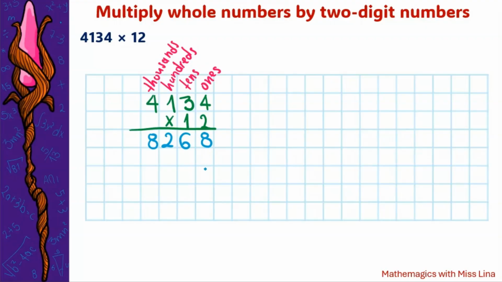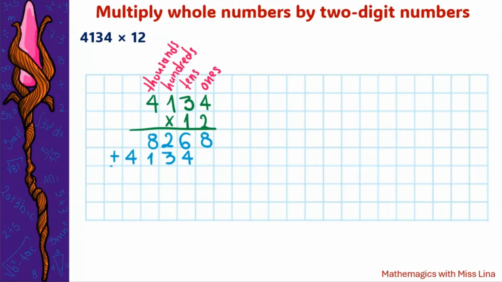I'm going to leave it blank. And then I'm going to multiply the 1 by the whole thing, not just from the 3. It has to multiply from the 4 and so on. Let's do it. 1 times 4 is 4, 1 times 3 is 3, 1 times 1 is 1, and 1 times 4 is 4. When multiplying by 1, it's just repeating the number.